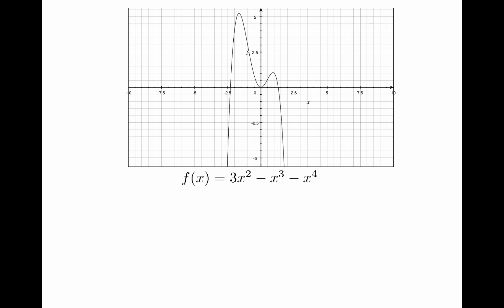So the other maxima, which is on the left of the x-axis, is higher than the maxima on the right of the x-axis, and therefore that maxima is the global maxima.